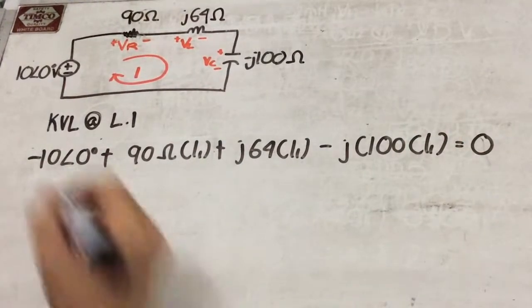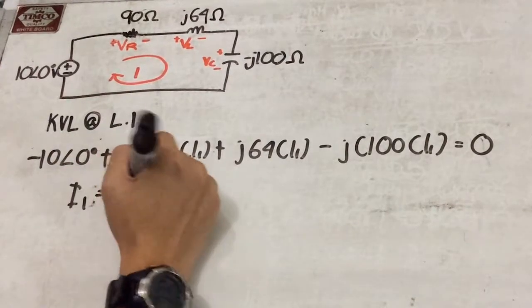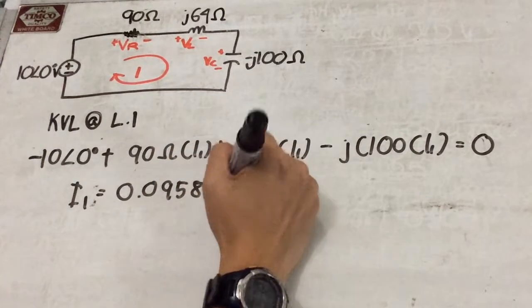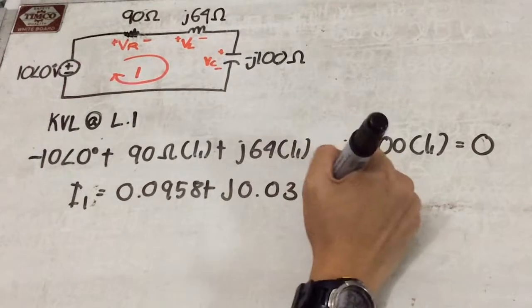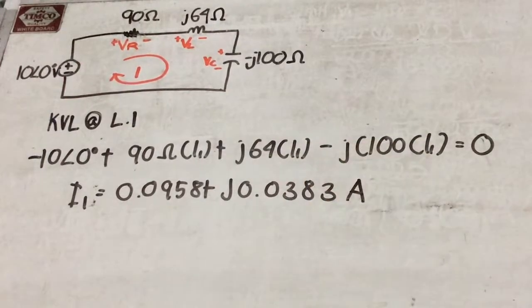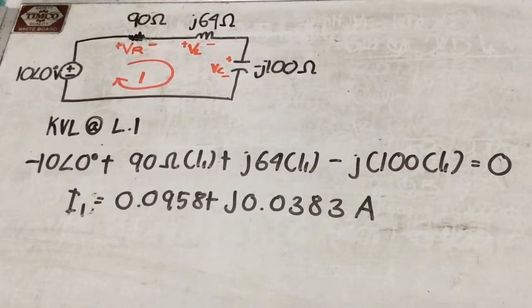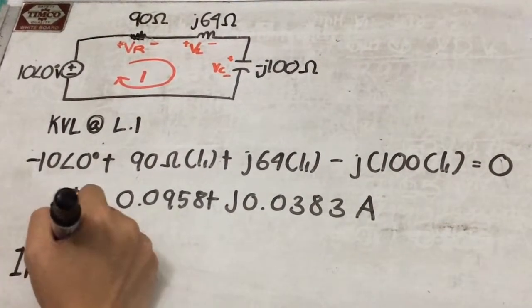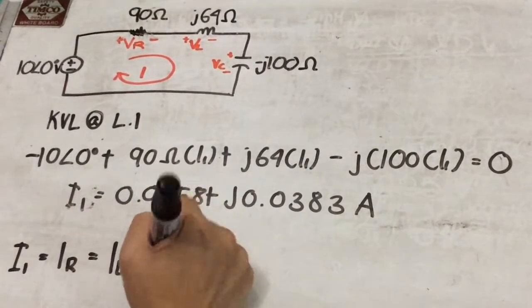Solving for I1, we get I1 is equal to 0.0958 plus j0.0383 amperes. Observe in the circuit, all currents in the elements are the same. So we can assume that I1 is also the same as IR, IL, and IC.